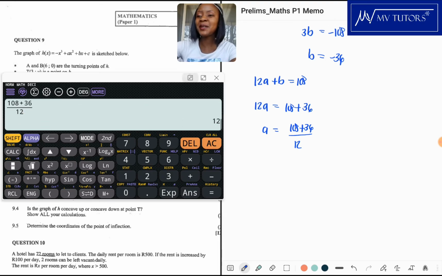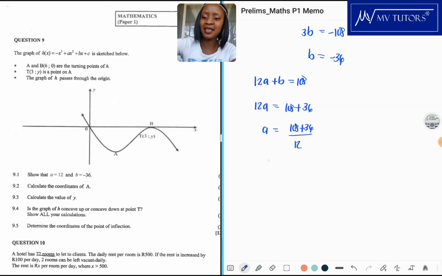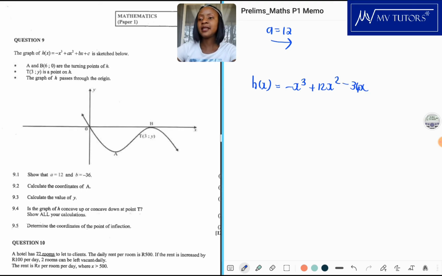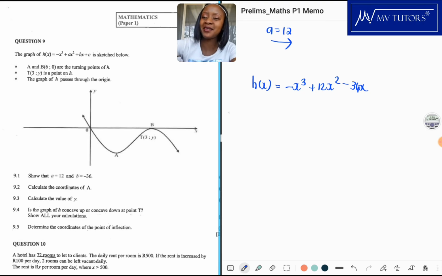So we get 12 as our answer, and yes, a is equal to 12. So I'm just going to write down the equation for future reference: minus x cubed plus 12x squared minus 36x. And that's it, because c is 0. Okay, cool. 3 marks. Yeah, we labored for this 3 marks.